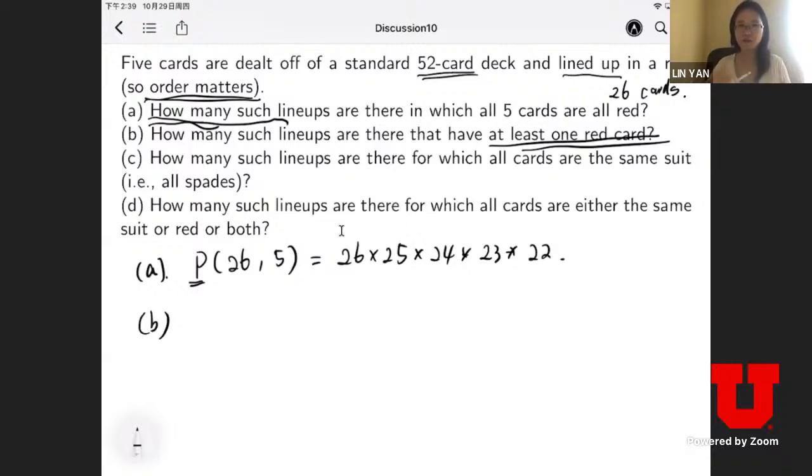So when you choose one, you cannot use this card again. The second item is right, but there is something wrong with the first item. So the first item should be 52 permute 5 minus.